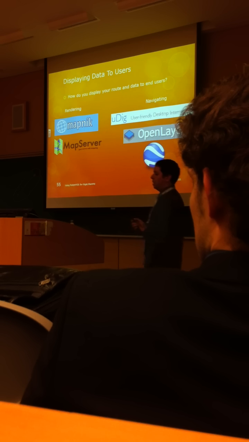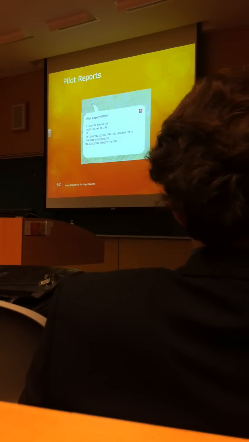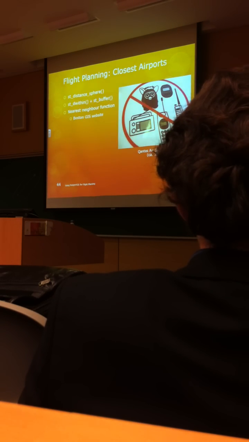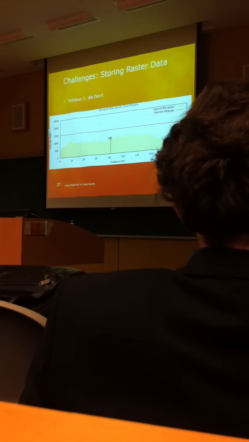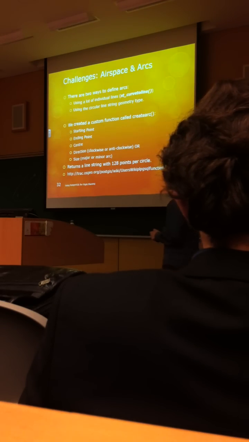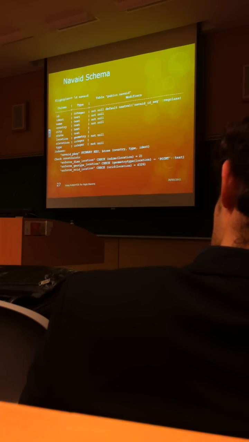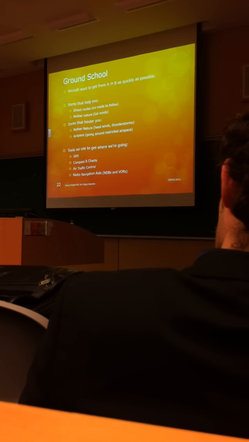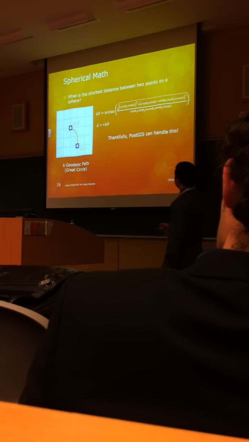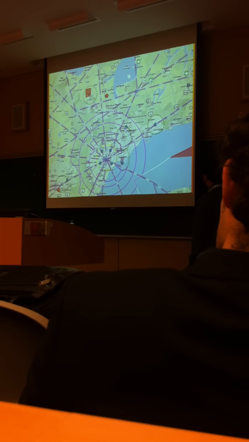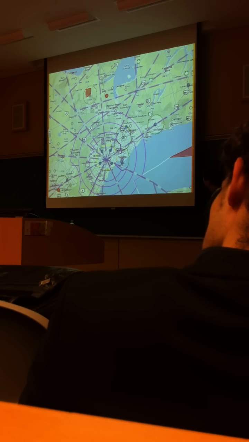I used two main pieces of software to render the data, Mapnik and MapServer. Mapnik takes care of all of the layers. So all the airspace, all of the airways, airports, navigational aids, and then just little blobs.